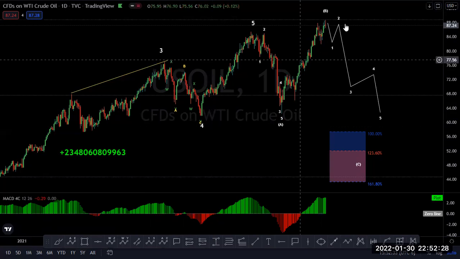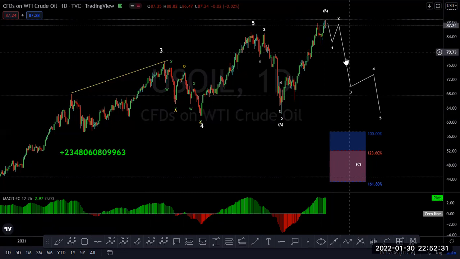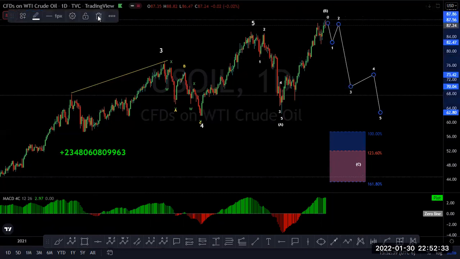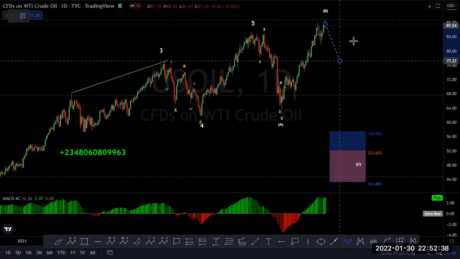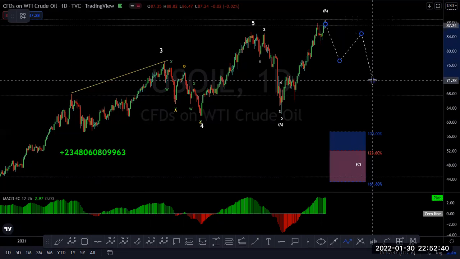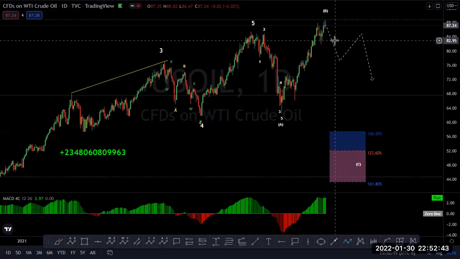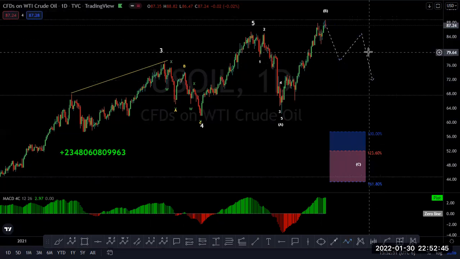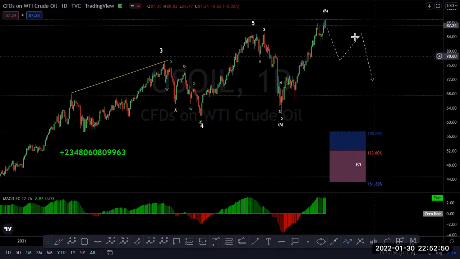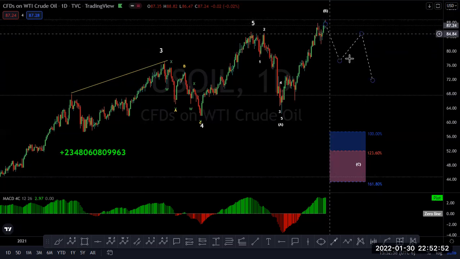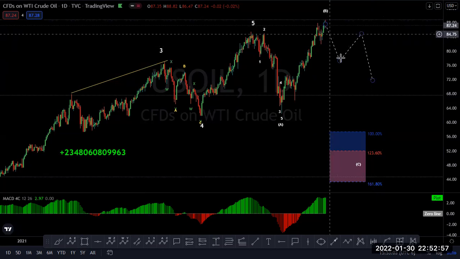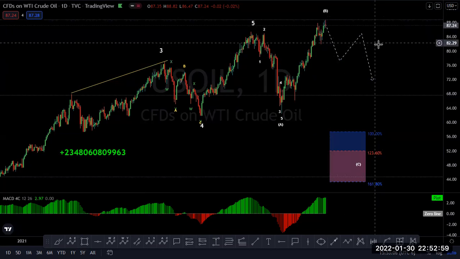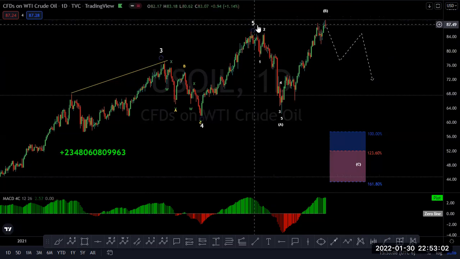We want to get at least a three-wave pullback, A, B, C. Then the way the pullback develops will tell us whether we are buying again or not. If the pullback is a flat, it means that this wave 5 is yet to end.